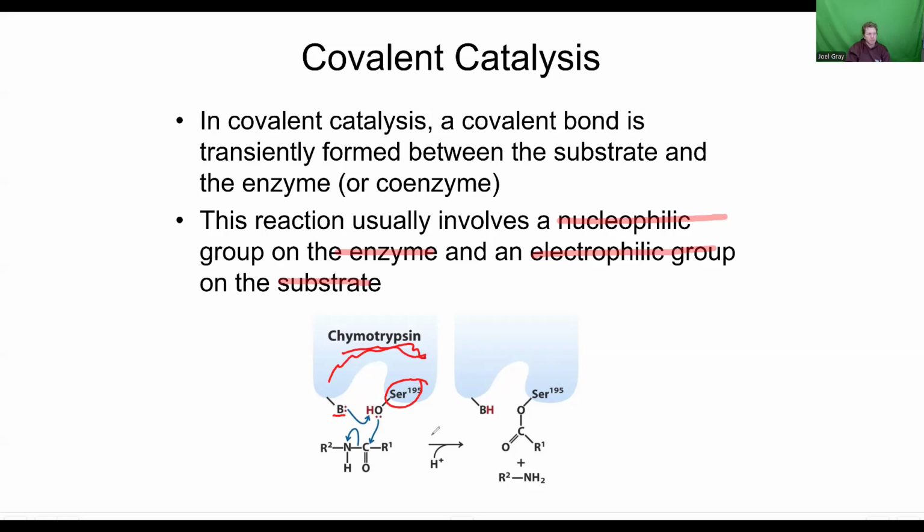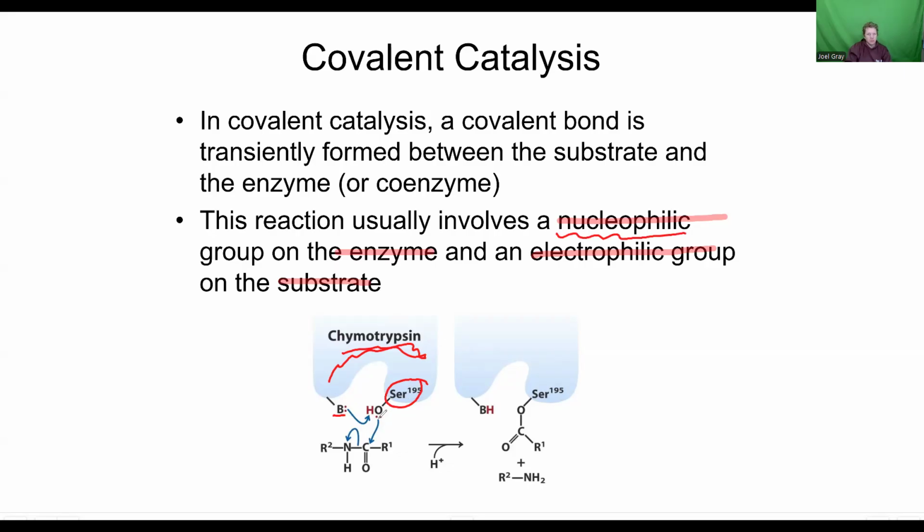It's going to basically abscond, that's a good one. It's going to abscond with the proton from our serine. So what's that going to mean? Well, that would mean that serine would be deprotonated and therefore negatively charged. And therefore, as it's negatively charged, it's a really good nucleophile.